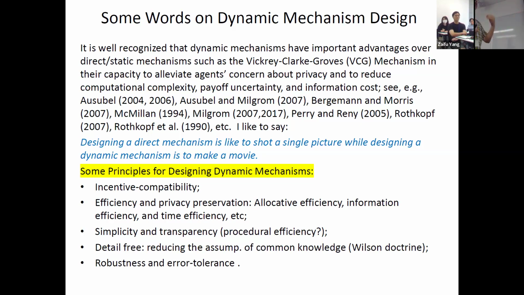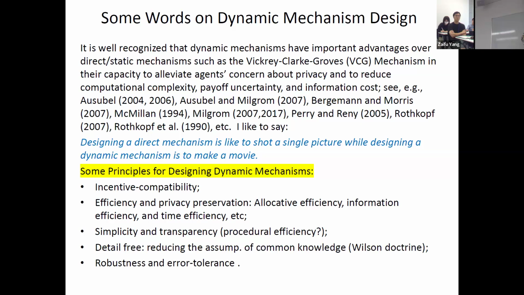So typically, a dynamic mechanism has this strong advantage. Then it's about time efficiency. So we should not have a mechanism which takes years to reach a solution.